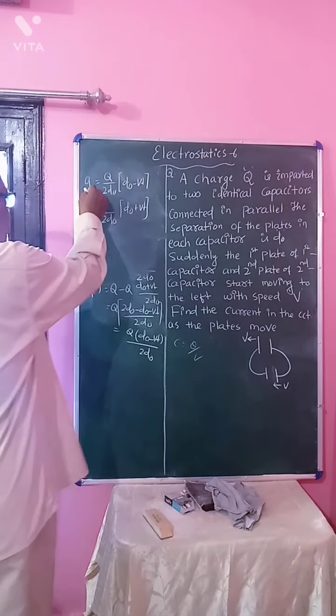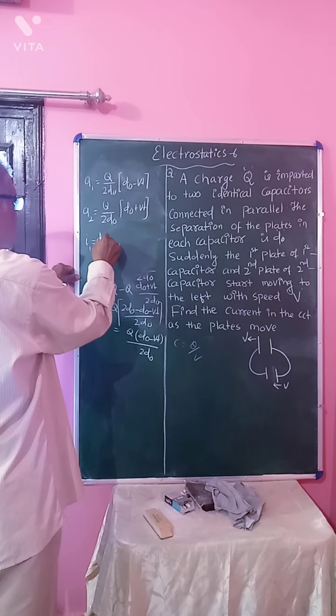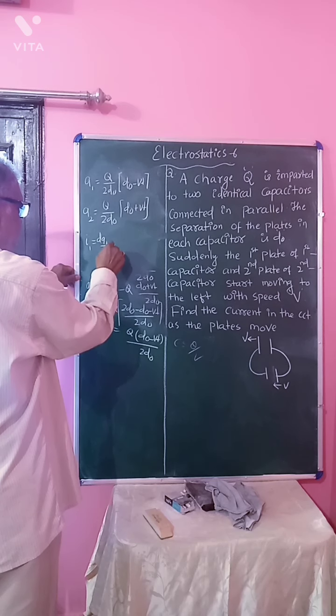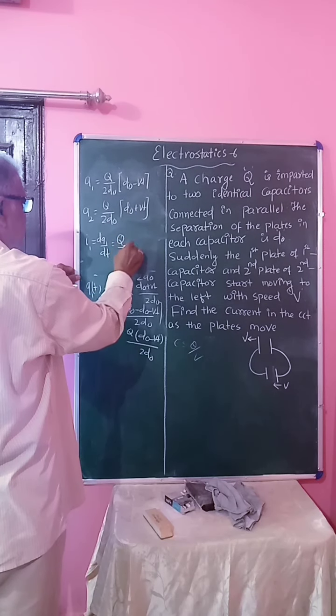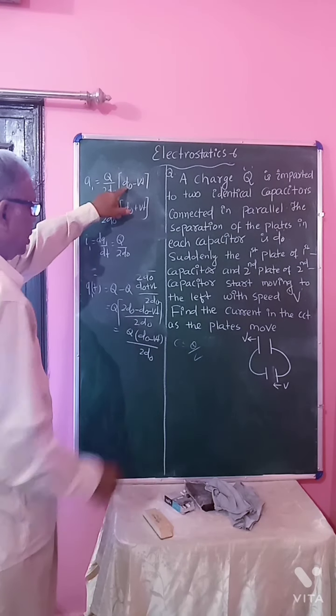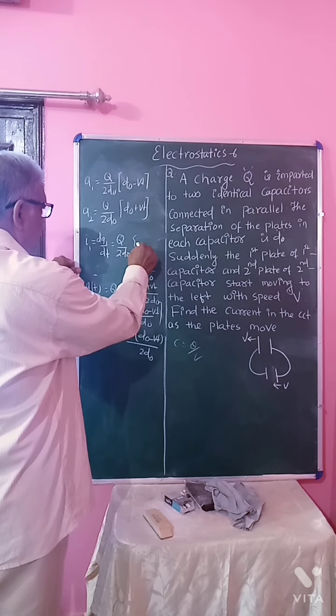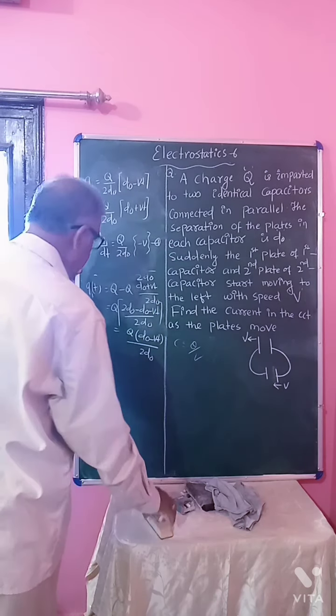Now differentiating Q1, I1 equals dQ1 by dt. Q is constant and d0 is constant, so it is equal to minus Qv by 2d0, equation 1.